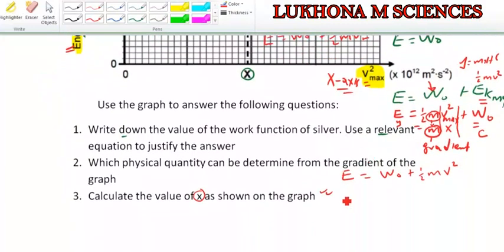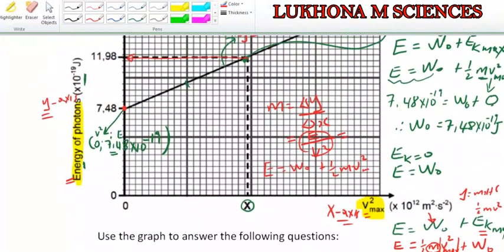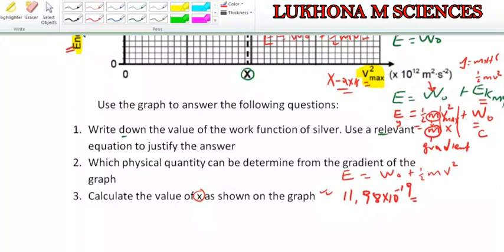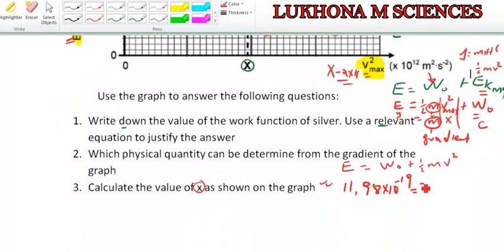Our energy is 11,98 times 10 to the power negative 19, which is equal to the work function. The work function is already calculated up there, 7,48 times 10 to the power negative 19, plus 1 over 2 m of electron times x squared.